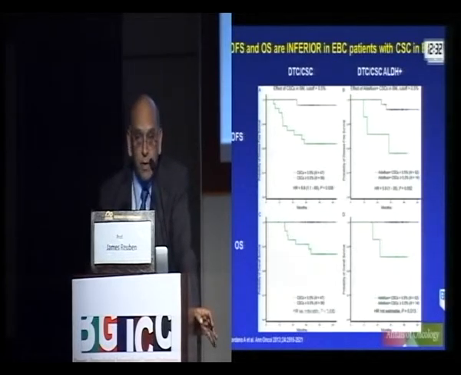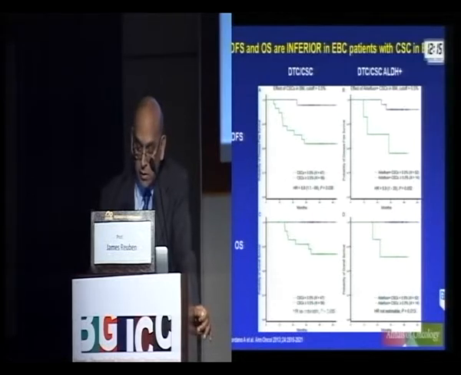We've had more than 5 years follow-up of these patients now, and in a paper recently we showed that if these patients had either of these stem cell subsets, they had usually a shorter disease-free survival and overall survival than patients that did not have either of these subsets of stem cells.